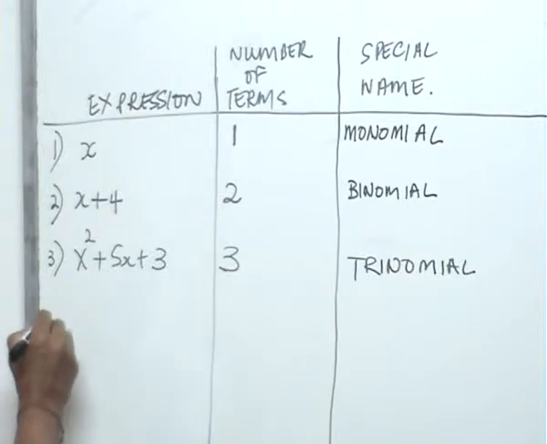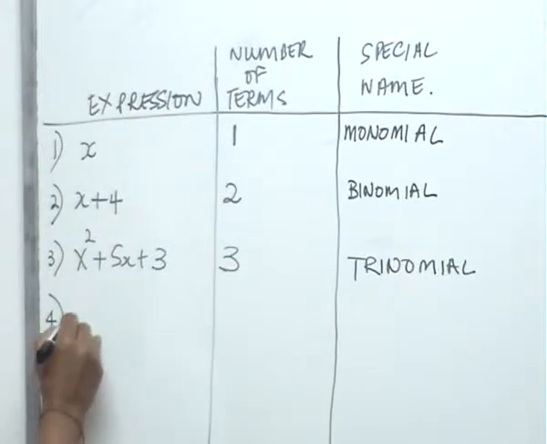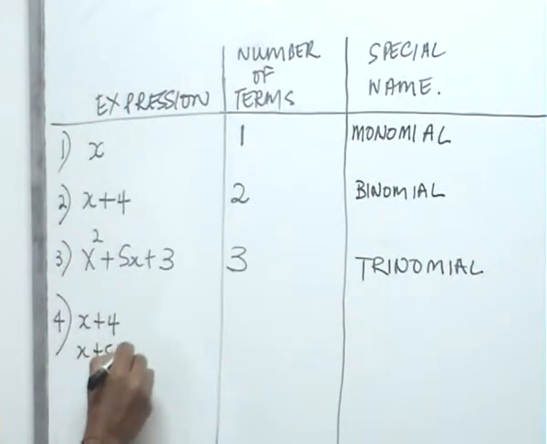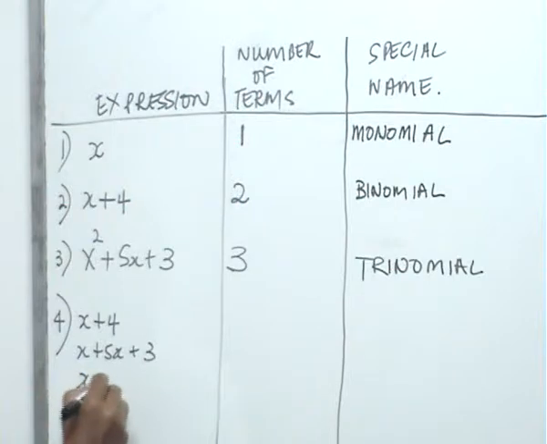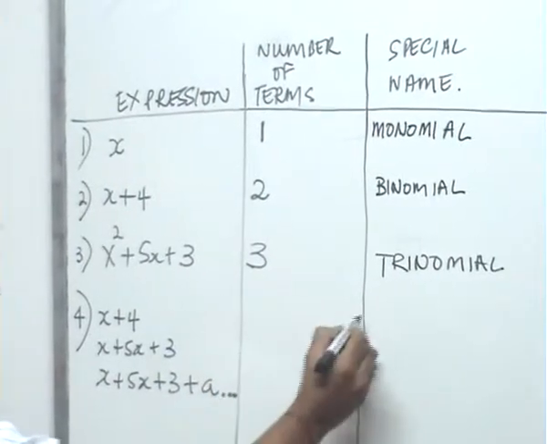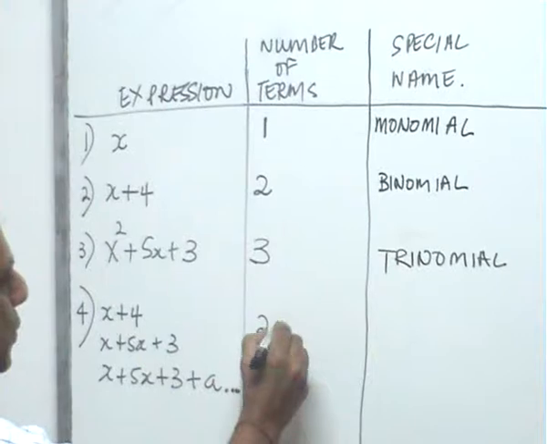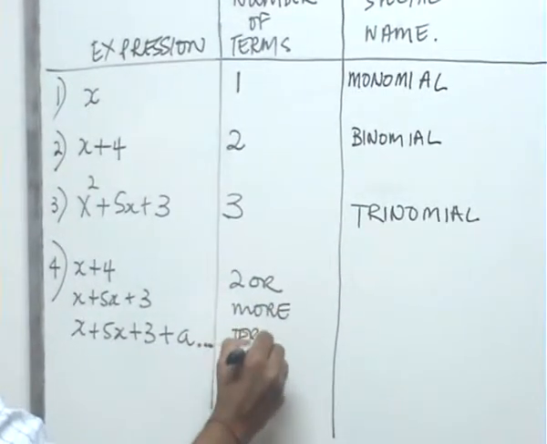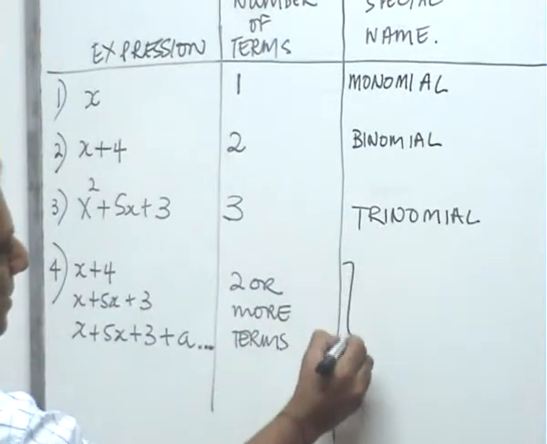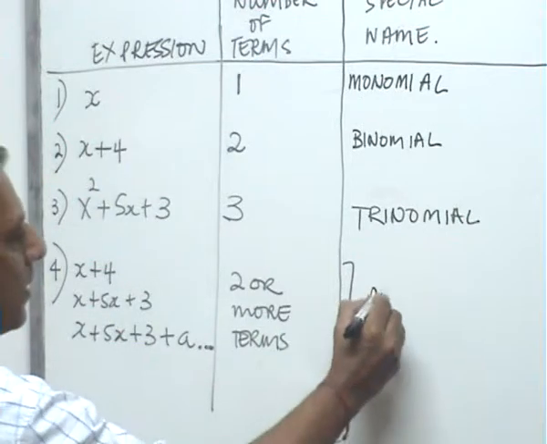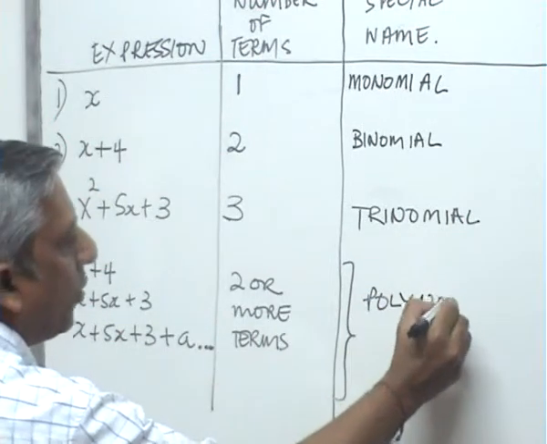Now, if it's got 2 terms or 3 terms or more than 3 terms, in other words, 2 or more terms, all expressions with 2 or more terms are called a polynomial.